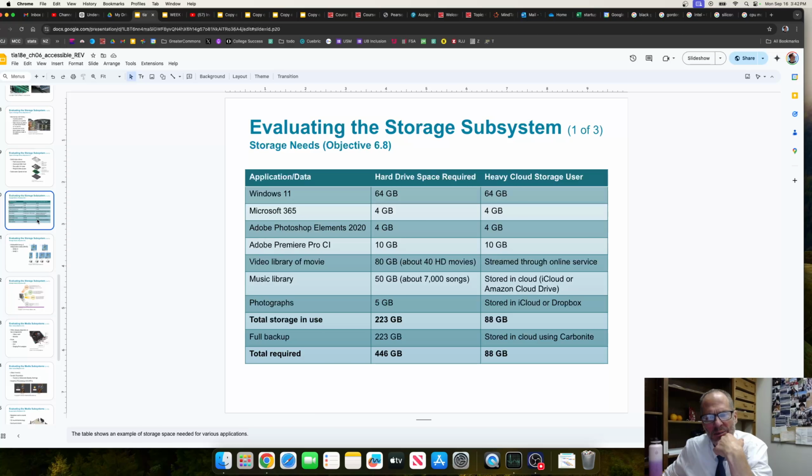Here's a little diagram about trying to evaluate how much storage you might need. This is just an idea that somebody came up with: what are you going to run? But basically, you get a sense of this over time, and that sense will inform you about how much you might need.